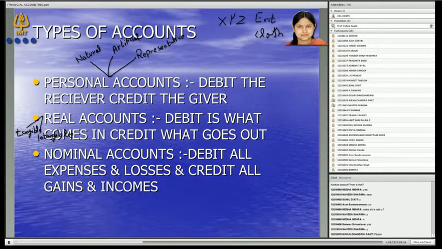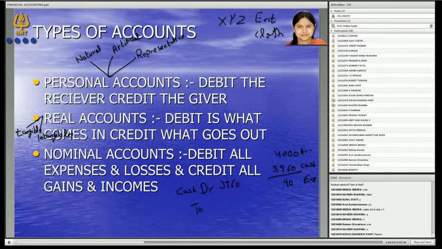So you were supposed to receive 4000 but you have received only 3960. 40 is the loss to you. This is the expense for you, a loss, and this is from Arvind. Cash is coming in, so I will debit cash 3960. Who is the giver?